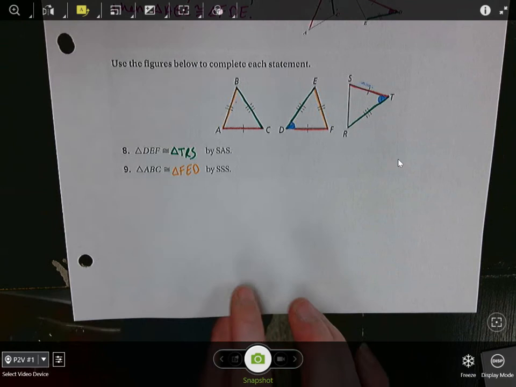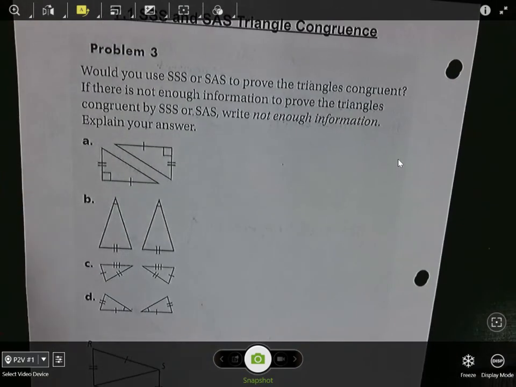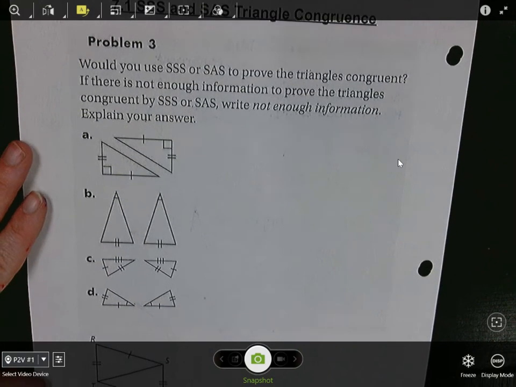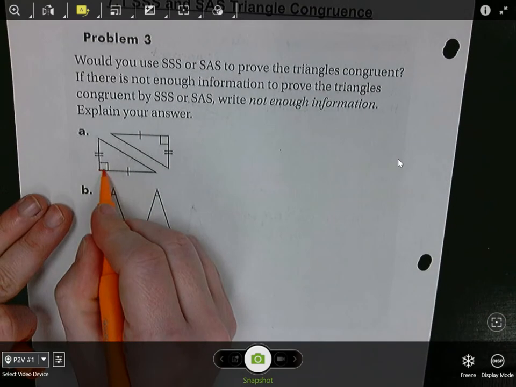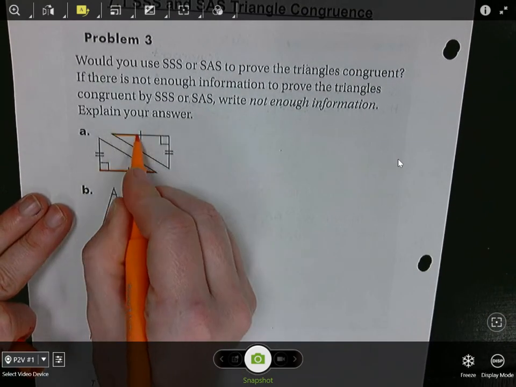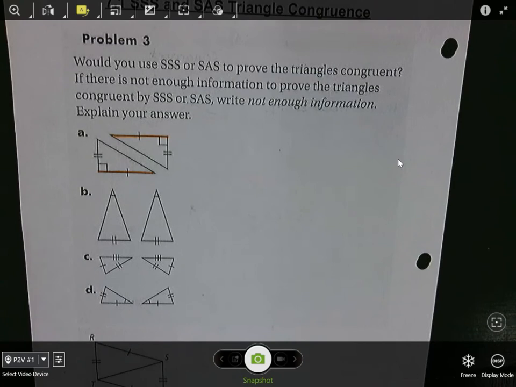Okay. All right, let's do some examples. It says, would you use side, side, side, or side, angle, side to prove the triangles congruent? If there's not enough information to prove them congruent by side, side, side, or side, angle, side, write not enough information and explain your answer. All right, so as before, I highlight the same color those that are marked congruent.